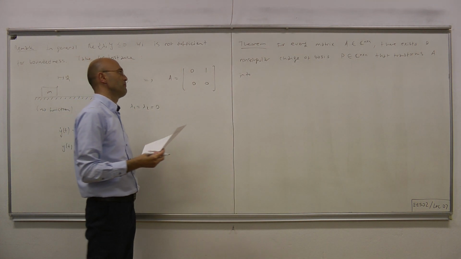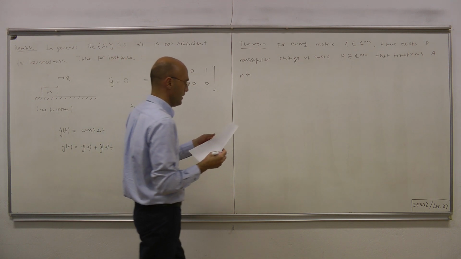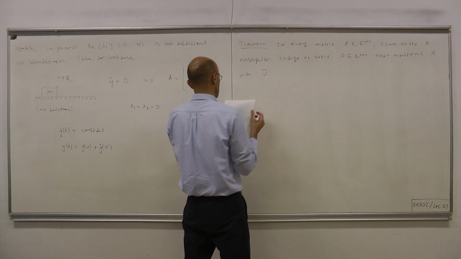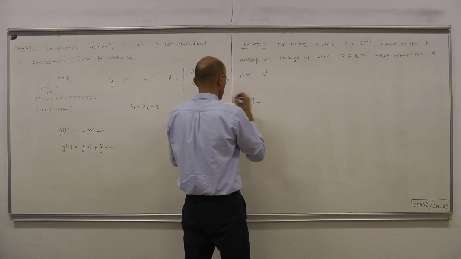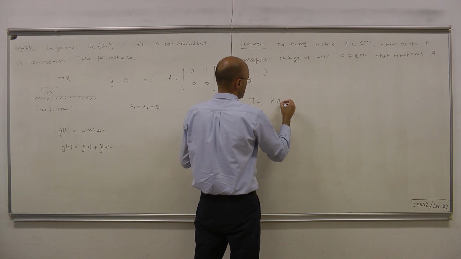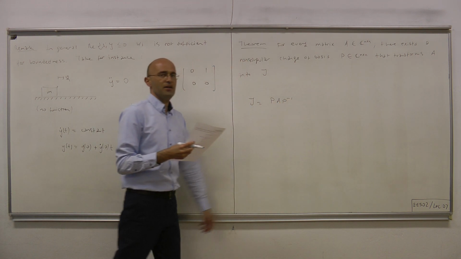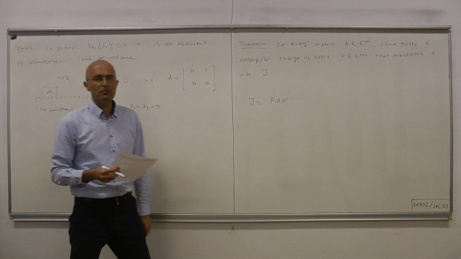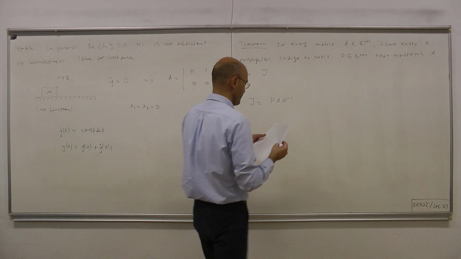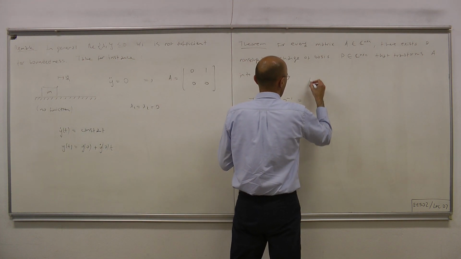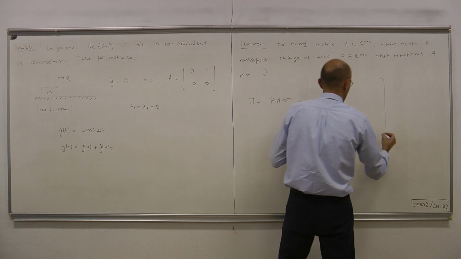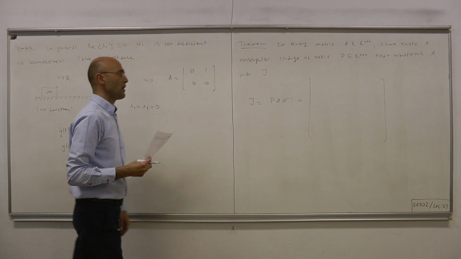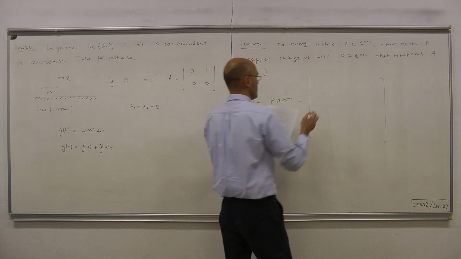The Jordan form matrix is usually denoted by the letter J, where the relation between J and A is J equals P A P inverse.